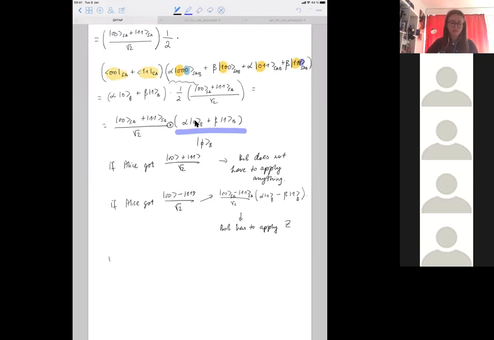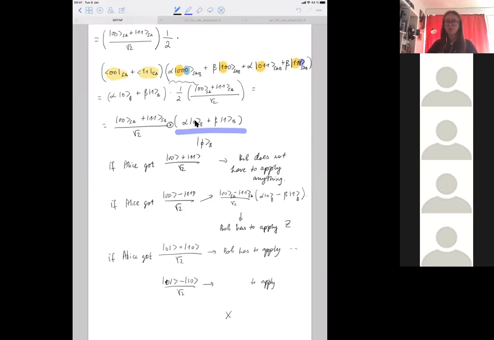And then if Alice got, for example, |0,1⟩ plus |1,0⟩, then Bob has to apply something else. And the last one, |0,1⟩ minus |1,0⟩, Bob has to apply something else, different from the previous ones.